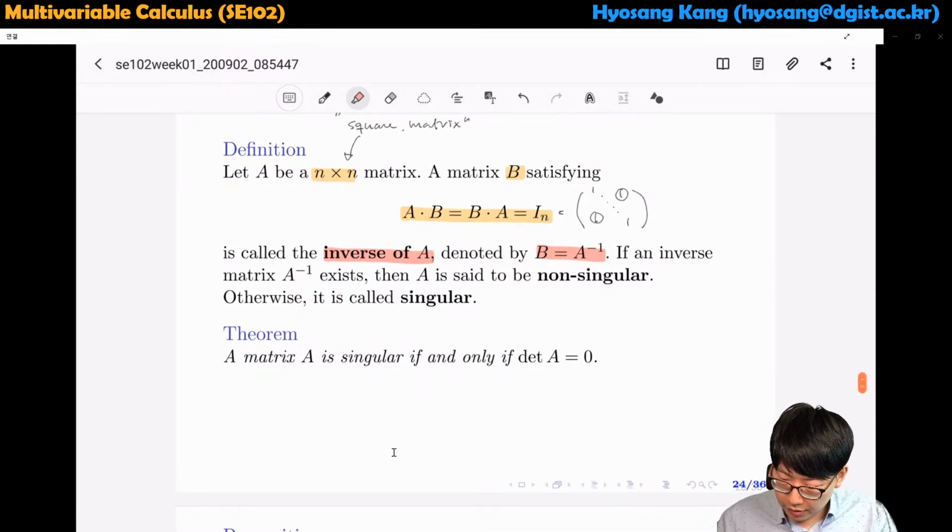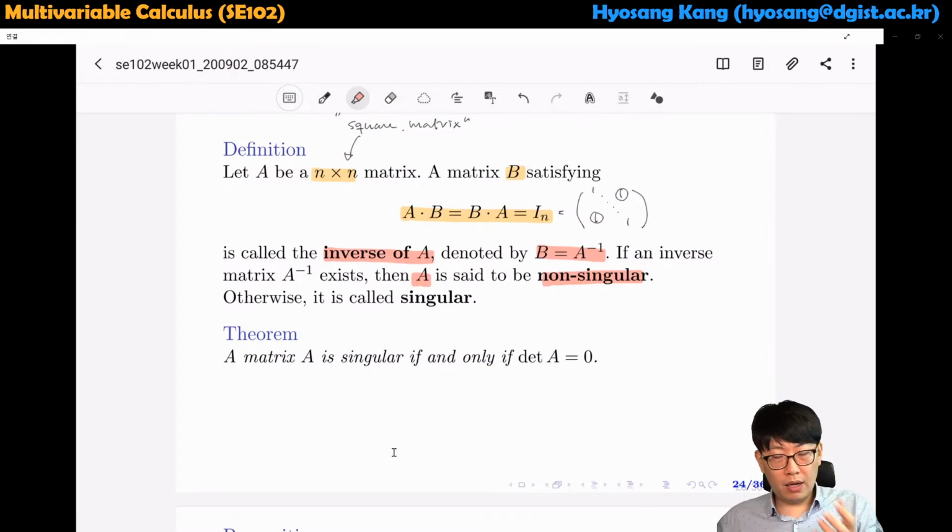And if there's an inverse matrix, then we call matrix A a non-singular matrix, and if there's no inverse matrix, then it's called singular. Why we call it singular and non-singular becomes obvious when you take the linear algebra course and relate it to the existence of solutions of a system of equations and so on.